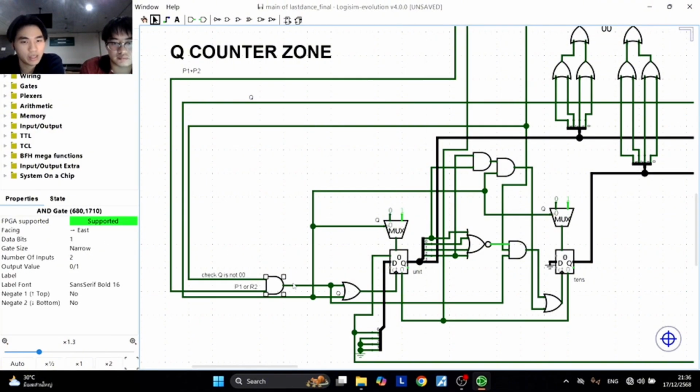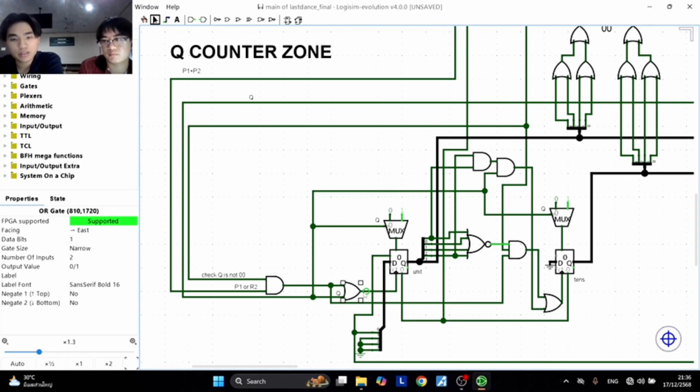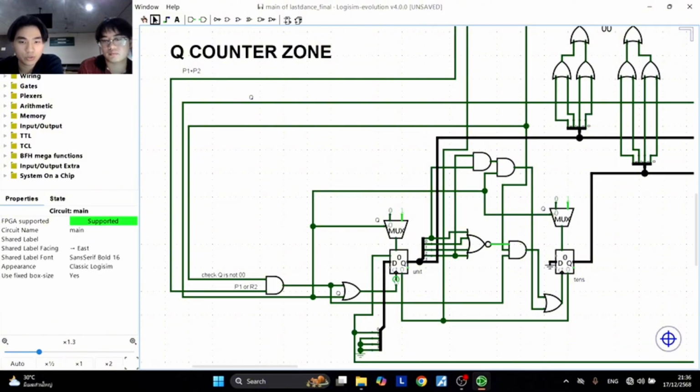We have this AND gate to check that Q is not 0, and then we AND it with P1 or P2. And this OR gate we connected to the Q button and the previous function. And this OR gate output is connected to this counter.